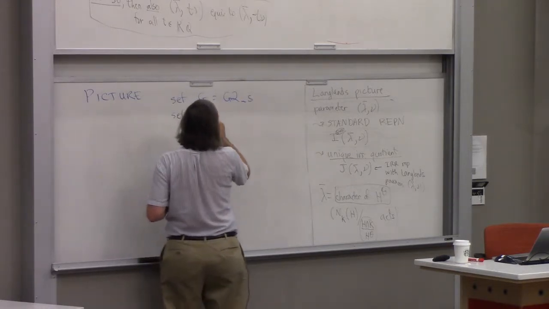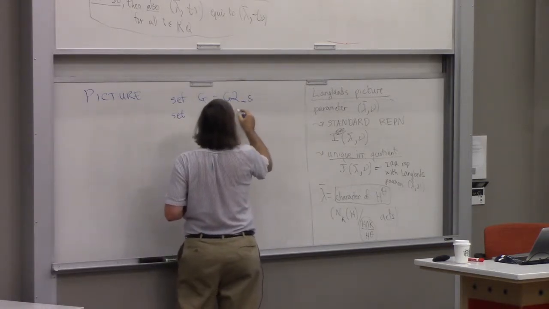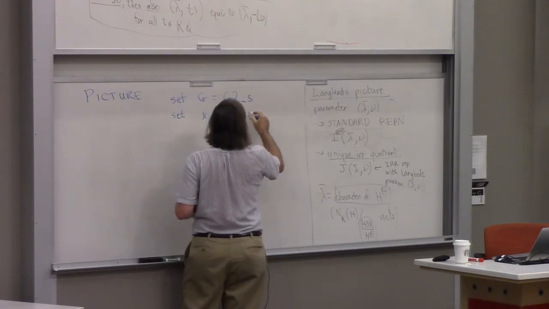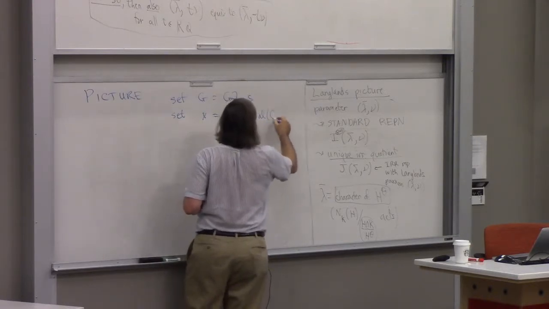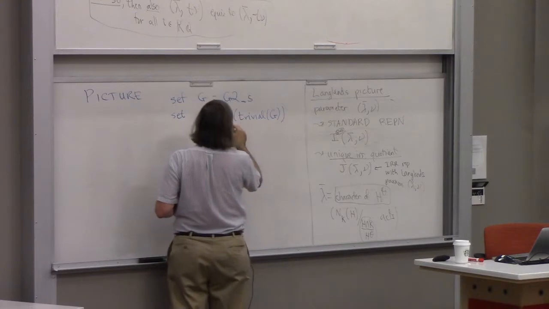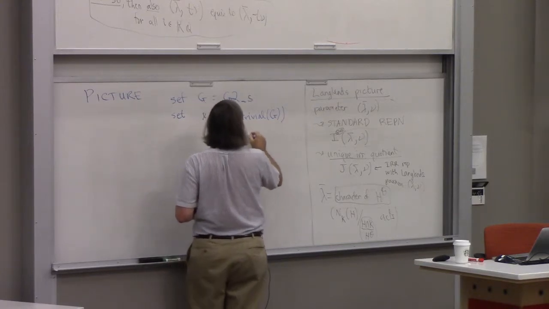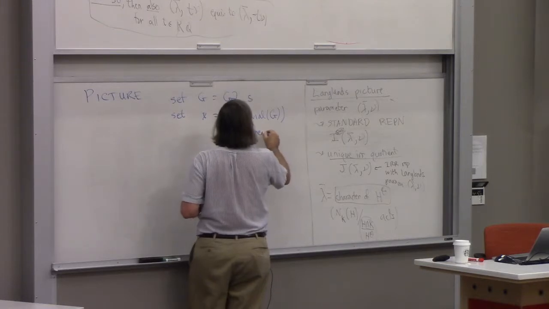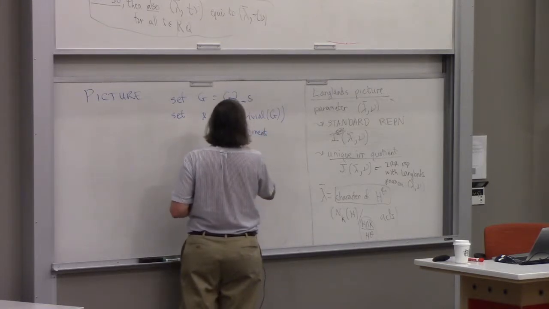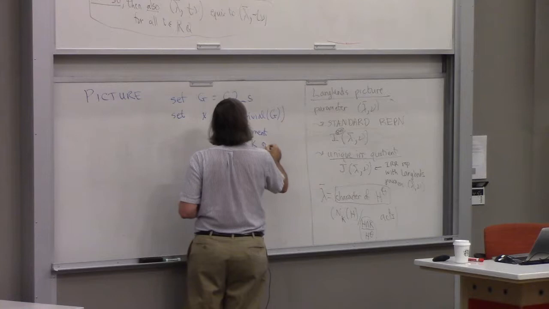You can set x equals x of the trivial representation of G. So this is a KGB element that corresponds to the open K orbit.